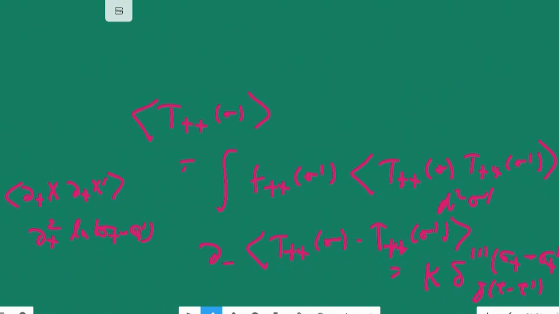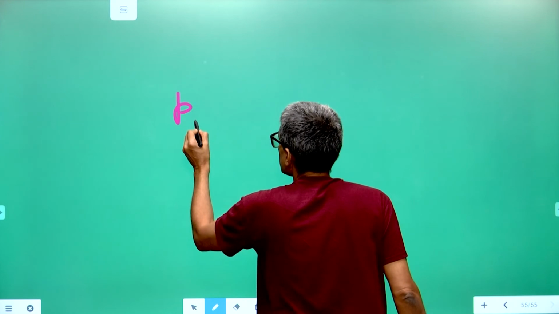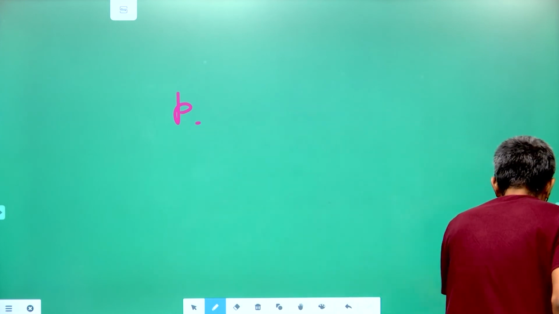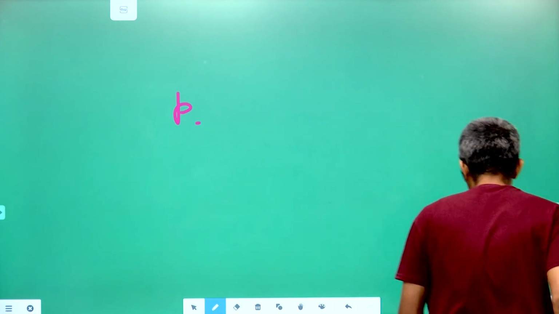Okay. So what happens is that this whole anomaly equation can be written in the convenient form as p minus, let me just go back and see. Okay.